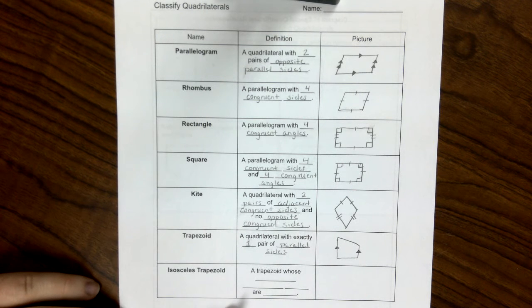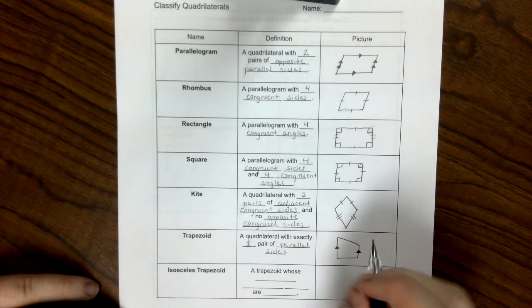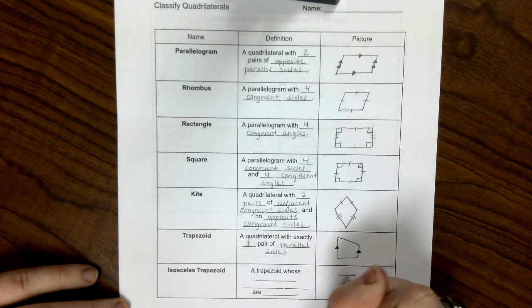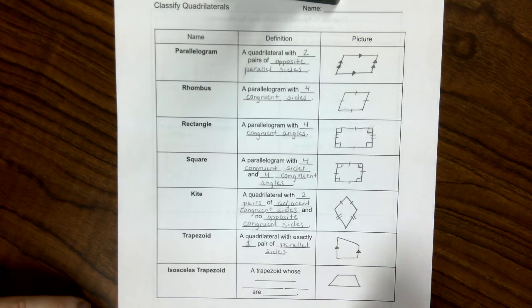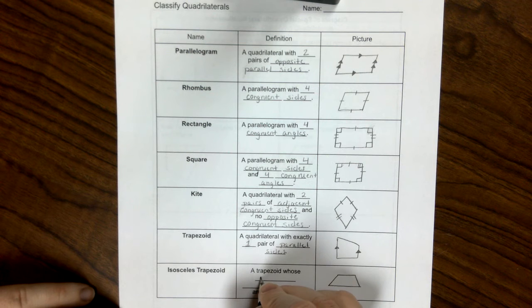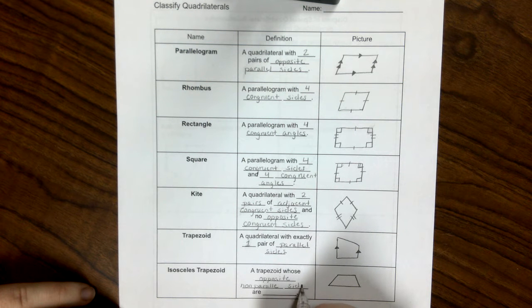Isosceles trapezoid is probably what you were thinking of when you first thought of trapezoid. It looks like this. That's an isosceles trapezoid. So it is a trapezoid whose opposite non-parallel sides are congruent.